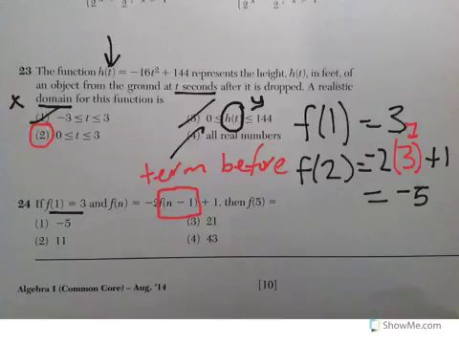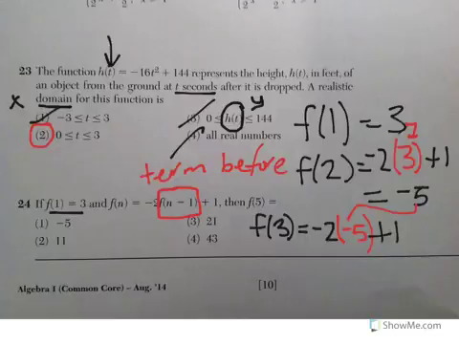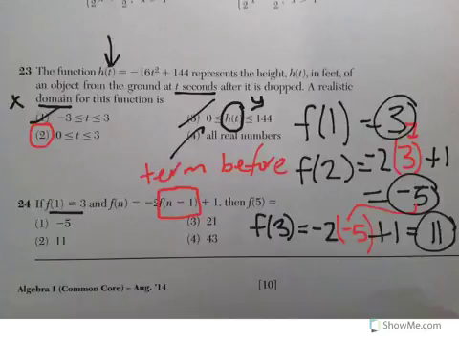F of 3, we're again going to take -2 and multiply it by the term before, so that's our negative 5, and then add 1. Negative 2 times negative 5 is 10, plus 1, that's 11. So here's f of 2, here's f of 1, here's f of 3.